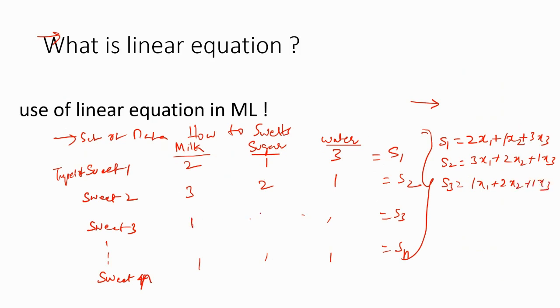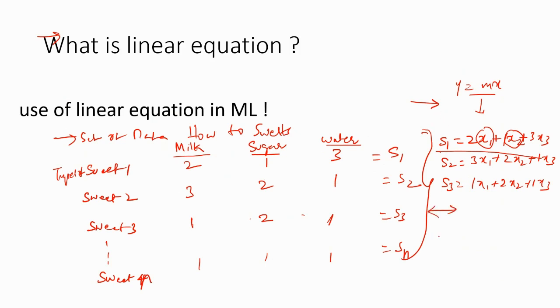Let's say I will write 1 2 1. So if you see, it is also like the form y is equal to mx. But the difference between this equation and that equation is that we have multiple variables. But even though we have multiple variables, they are related in straight equations, which are linear equations.